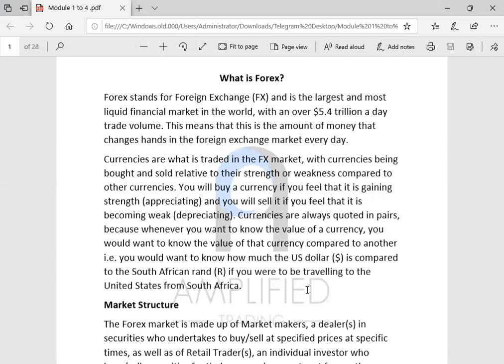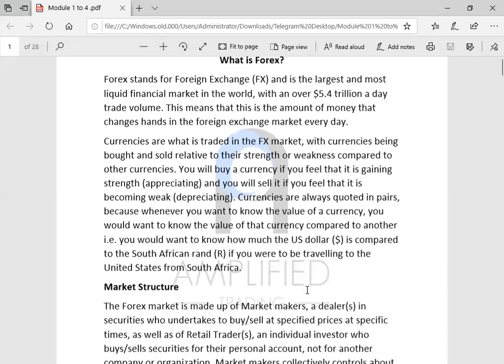There are a lot of different market participants within the foreign exchange market, so the market moves on a day-to-day basis, on a second-by-second basis, on a millisecond basis. There are always fluctuations in price, meaning changes in price, and therefore it offers us a lot of opportunities to earn some money.